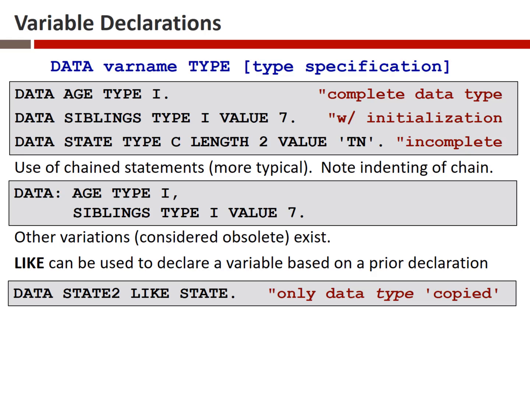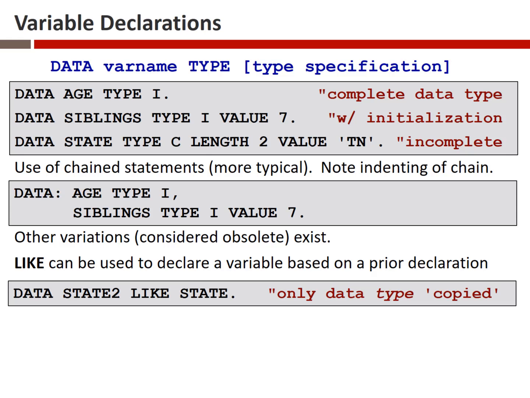As opposed to declaring a specific data type, I can use the keyword like and tie that to another data object as essentially a way of saying, give me another data object that is the same type as this other data object that I have already declared. So the idea here is it's going to say, okay, data state2 like state, and it's going to say, okay, what was state?